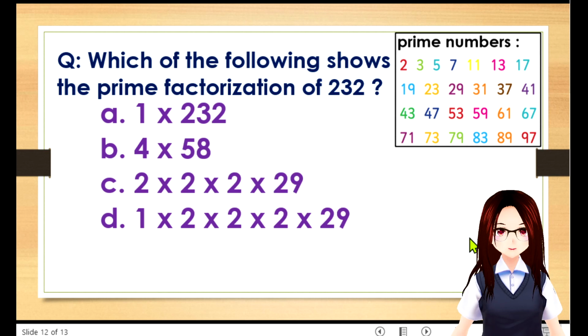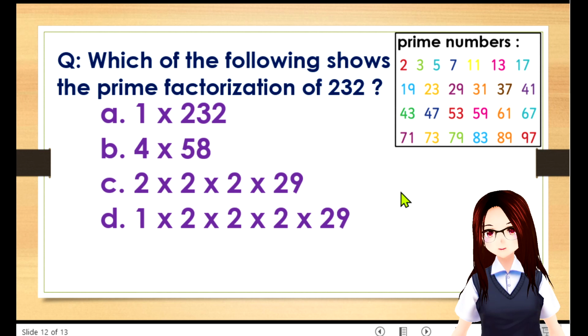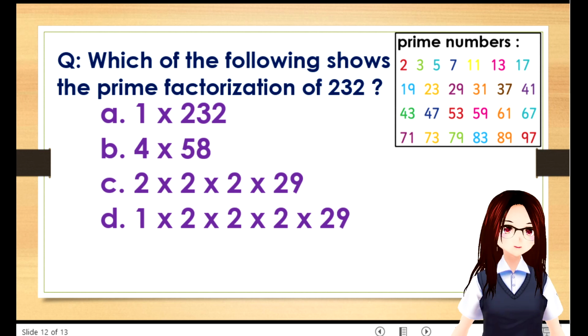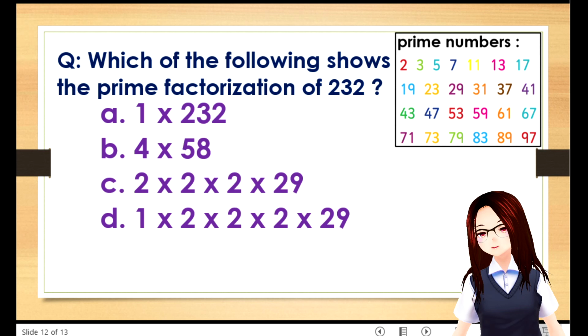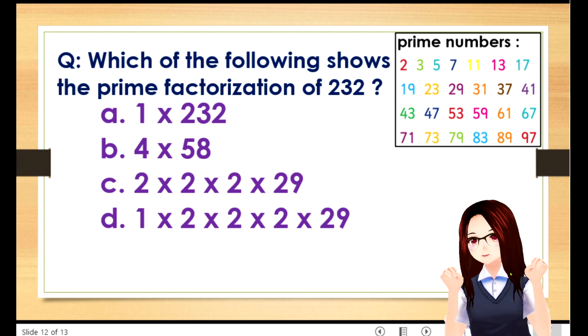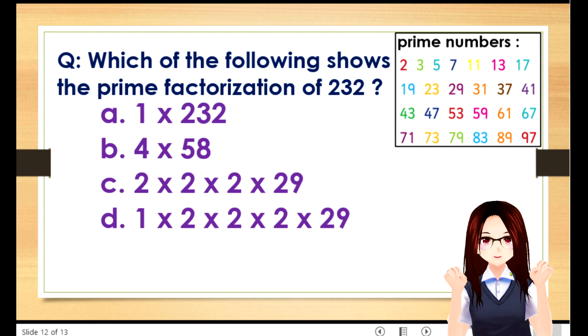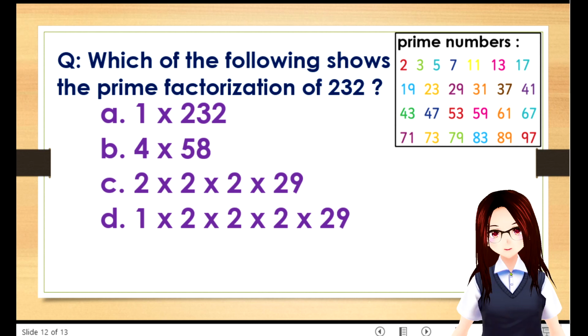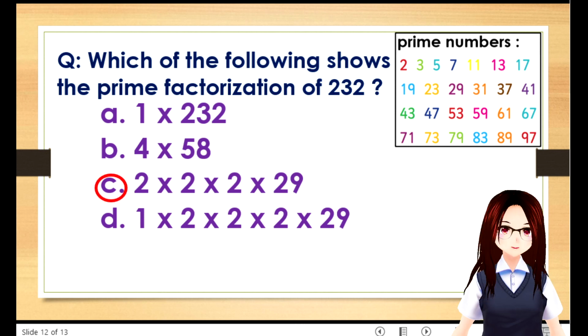Which of the following shows the prime factorization of 232? Go! Okay, your time is up. The correct answer is letter C, 2 times 2 times 2 times 29.